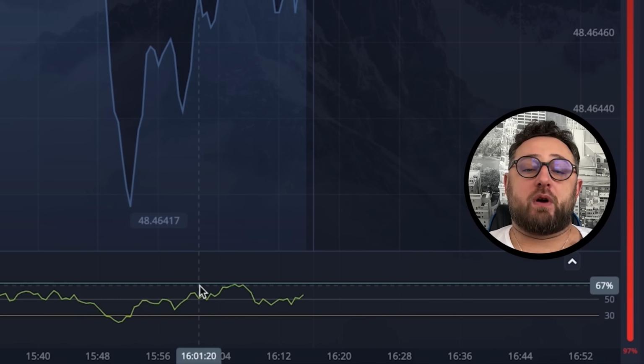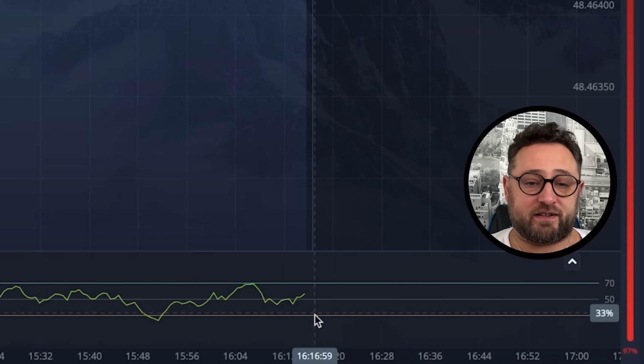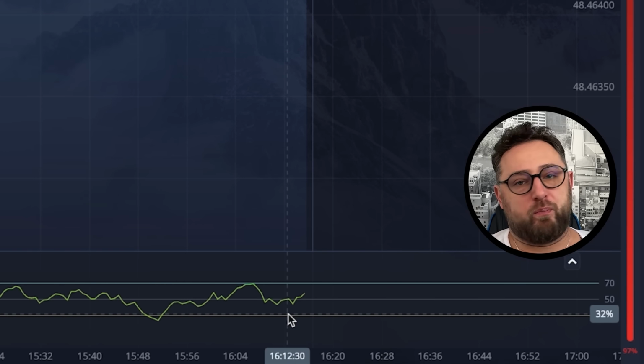So, what does RSI actually mean? RSI stands for Relative Strength Index. It's a momentum oscillator. That means it helps us understand whether the market is moving too fast in one direction. The RSI moves between 0 and 100. When RSI is above 70, the asset is considered overbought.